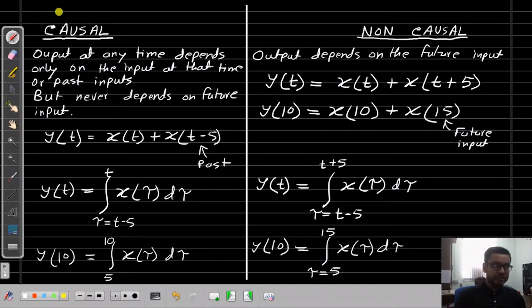Just for your knowledge, the word causal comes from the word cause, C-A-U-S-E, which means the reason. And you must be aware of the cause and effect principle.